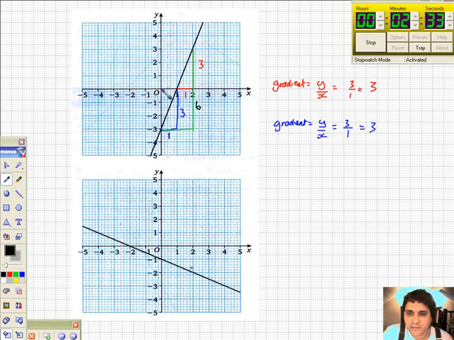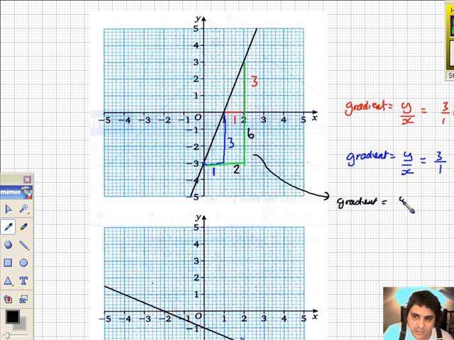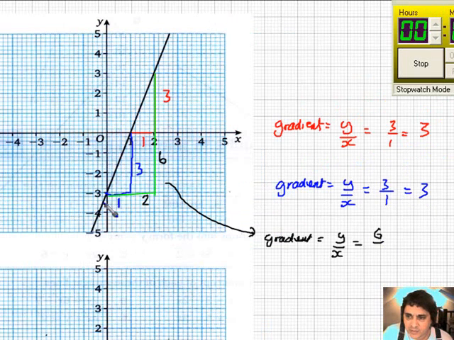And can you see from 0 across here to 2, I've got 2 units. So using that part alone, the gradient's going to be the y height, or the y length, divided by the x length. Well, this time I chose a bigger triangle. It'll be 6 divided by 2. 6 divided by 2 is still 3.